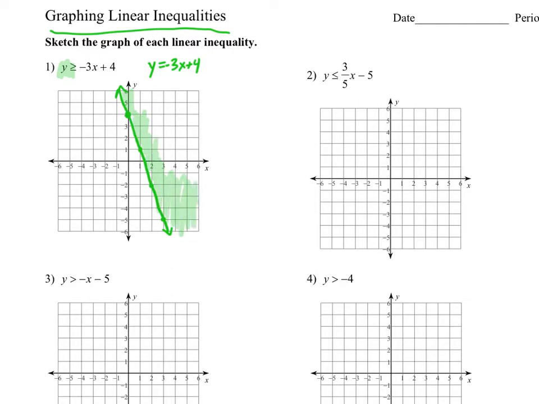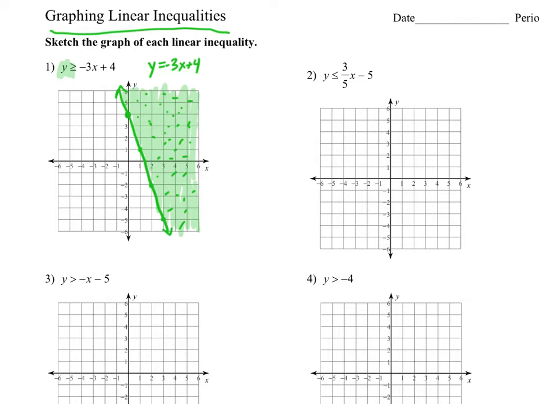There are infinite answers. Not everything is an answer, not all are solutions, but there are a bunch of answers, and they are all the points that are over here in this shaded area. So we just go ahead and shade that area to show that all of those points are solutions.